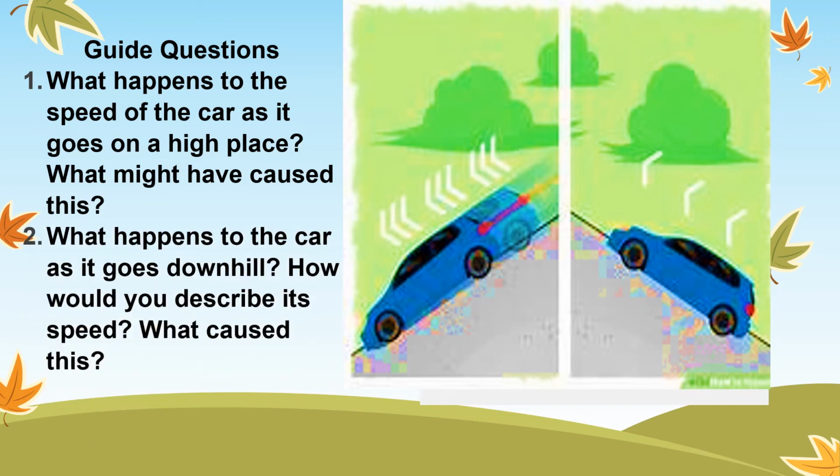Next question. What happens to the car as it goes downhill? How would you describe its speed? What caused this? This one is for option 1 or picture 1. Very good.